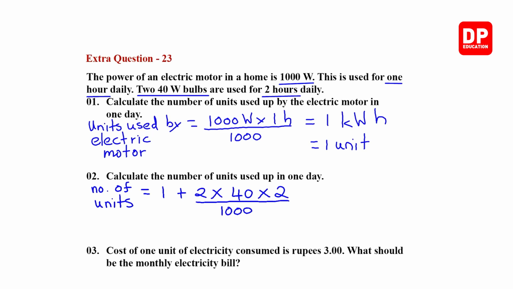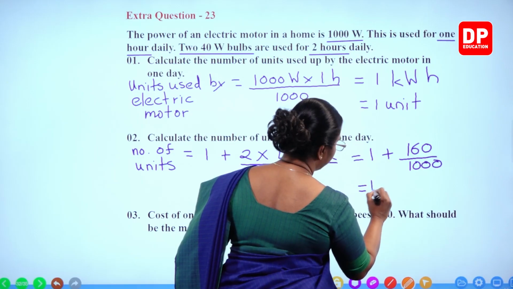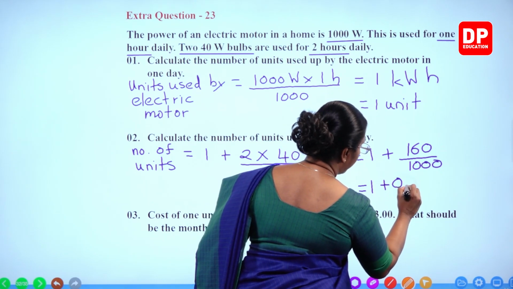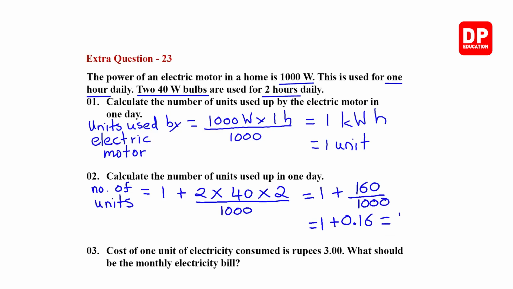So if we do the calculation, 2 into 40 into 2, that is going to be 160 divided by 1000. So 1 plus 160 divided by 1000 is equal to 1 plus 0.16, which is 1.16 units.